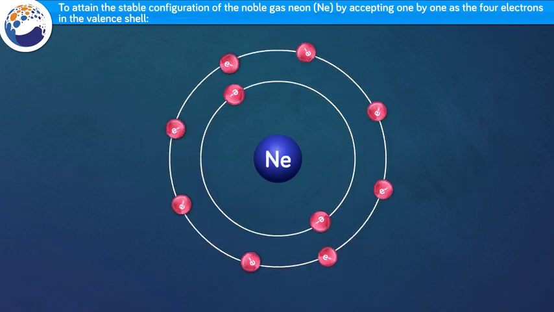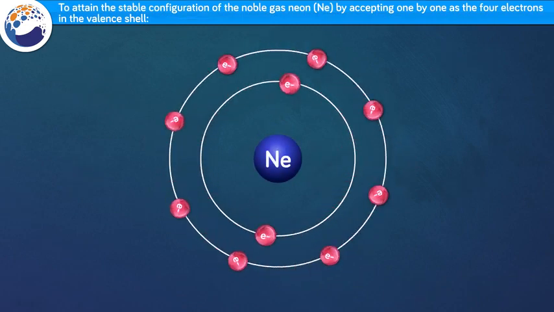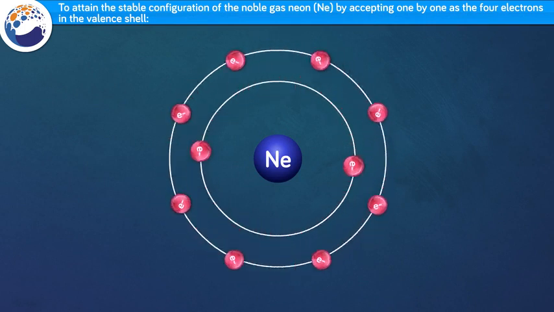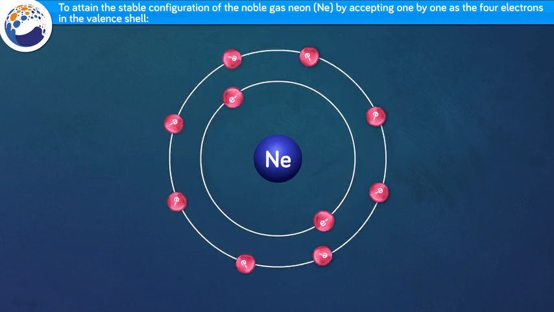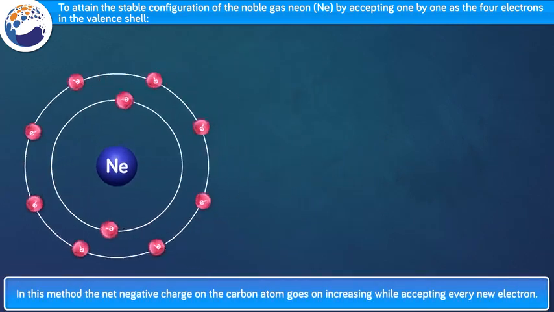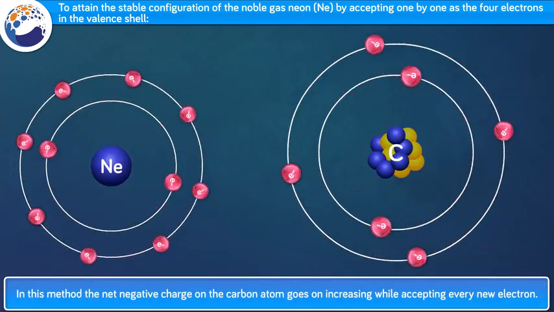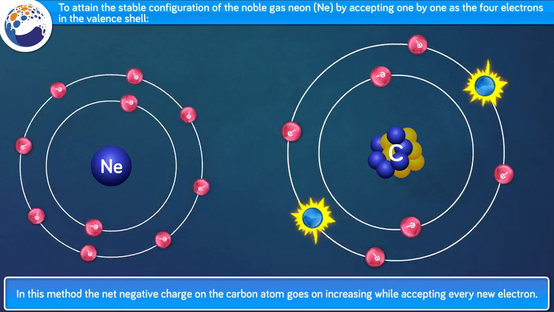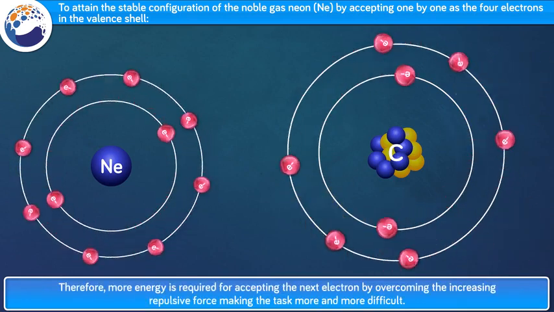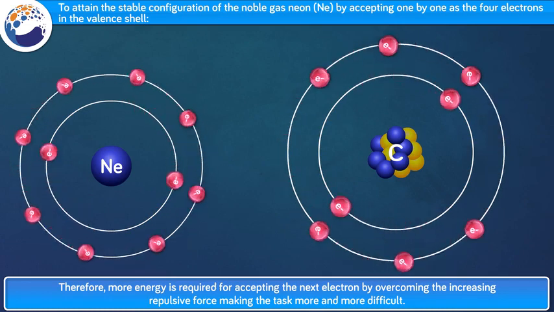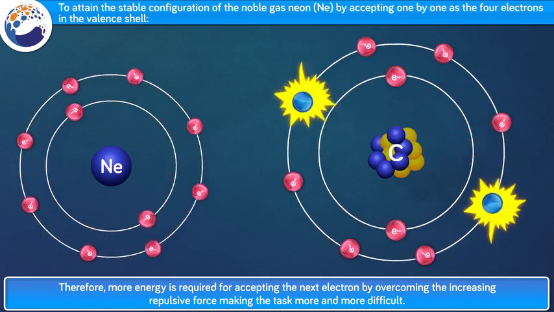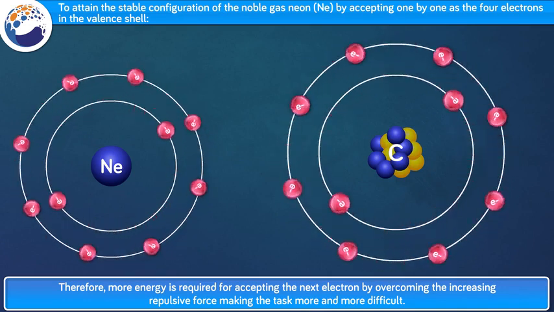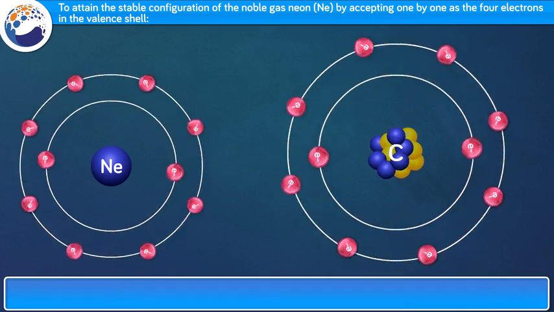Another is to attain the stable configuration of the noble gas neon, Ne, by accepting the 4 electrons one by one in the valence shell. In this method, the net negative charge on the carbon atom goes on increasing while accepting every new electron. Therefore, more energy is required for accepting the next electron by overcoming the increasing repulsive force, making the task more and more difficult.